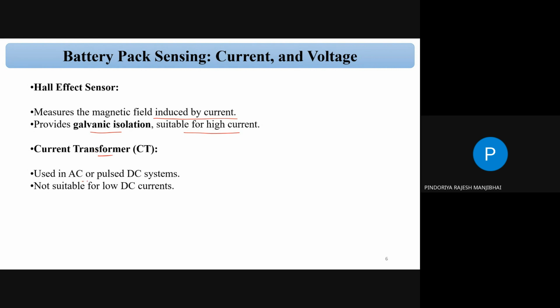They use AC or pulse DC systems, and are not suitable for low DC current. Normally we use CT and PT for high current and high voltage applications respectively. Most of the students know the operation and working principle of the CT as well as the PT. Normally we use the PT for measurement of voltage, and the CT for measurement of current.